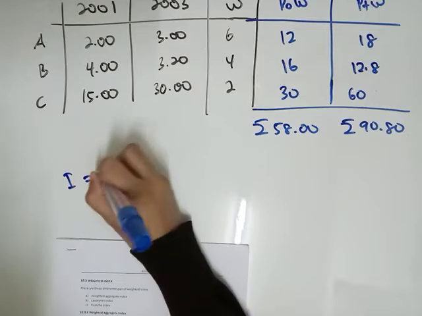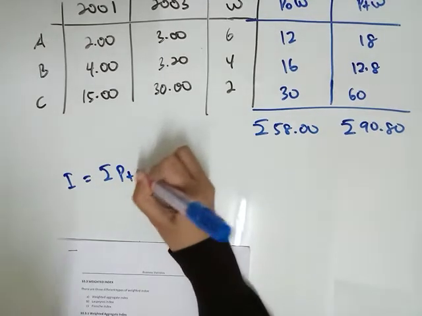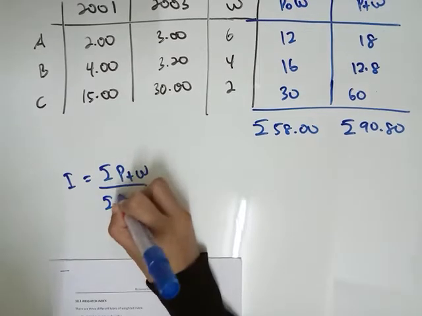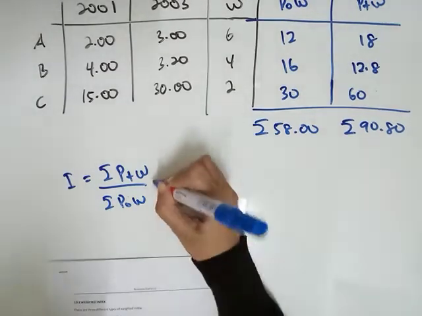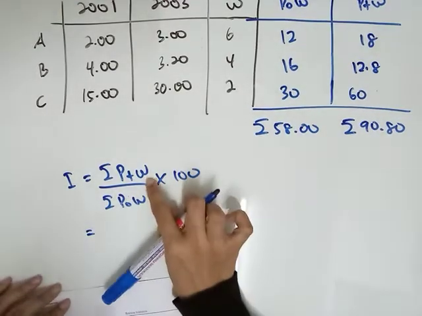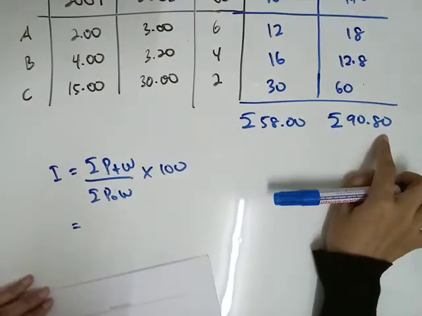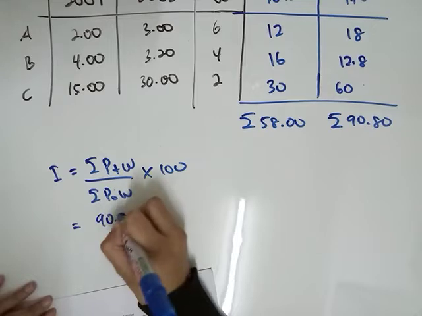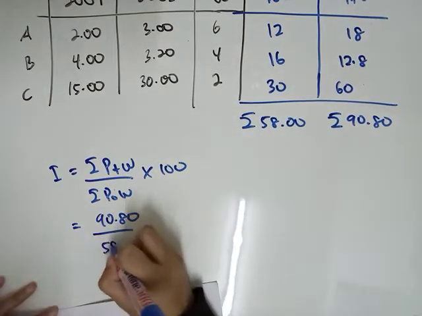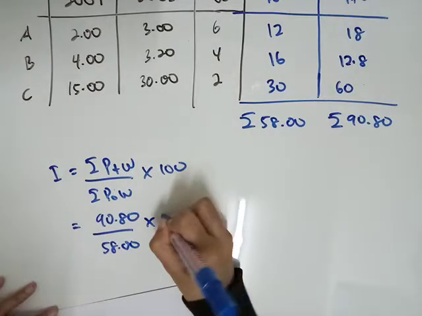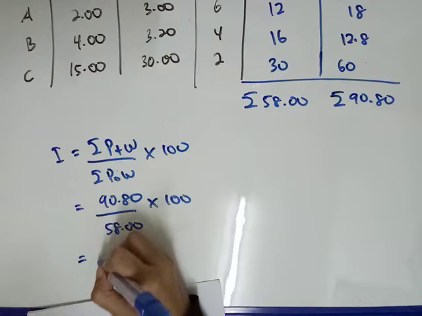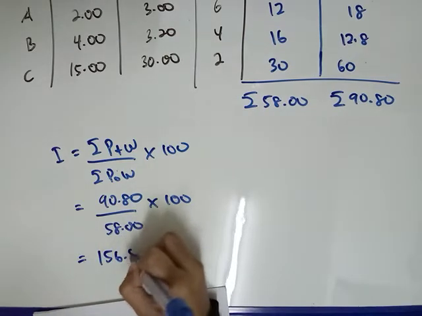I equals to total PT times with weight divided by the total of P naught times with weight, and then multiply with 100. Okay, so this one is 90.80 divided by 58, then multiply 100. So the answer you will get 156.55.